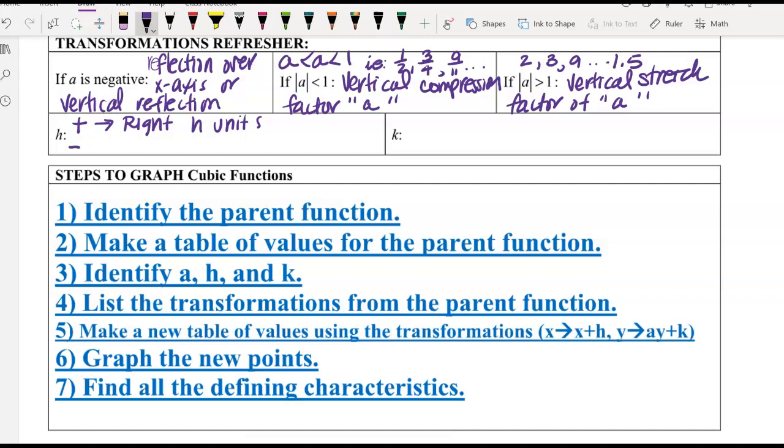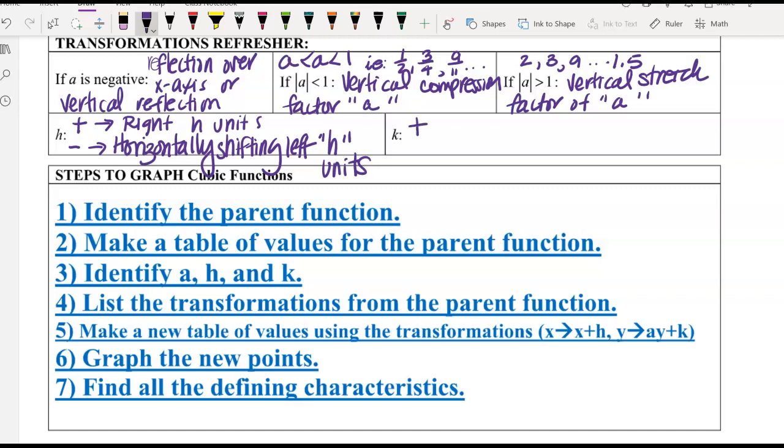If H is negative, then we can say left H units, or again, if any of the teachers say horizontally shifting left H units, it's the same thing, okay? Or we can just simply say left that many units.